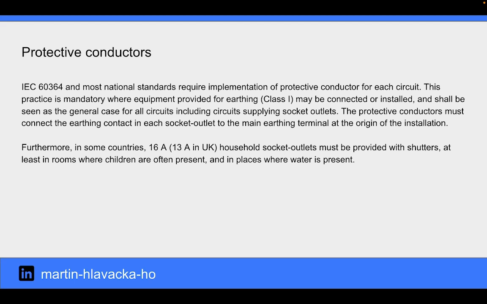The protective conductors must connect the earthing contact in each socket outlet to the main earthing terminal at the origin of the installation. Furthermore, in some countries, 16A household socket outlets must be provided with shutters, at least in rooms where children are often present and in places where water is present.